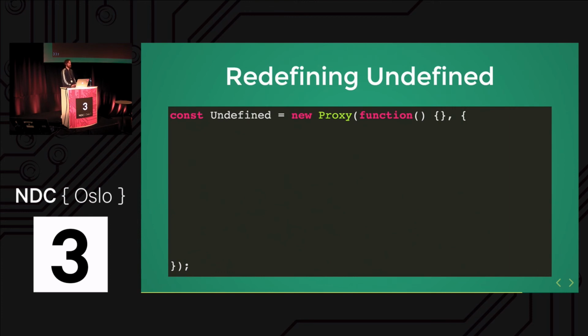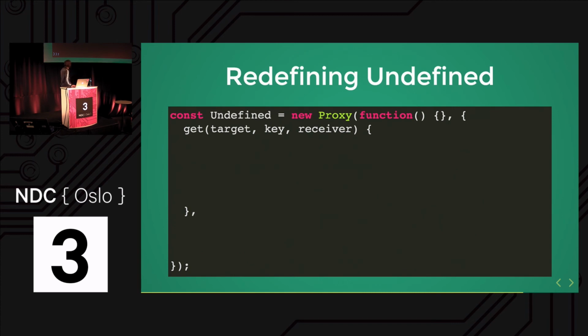We'll make ourselves a new undefined here. We'll say that undefined is a proxy of just an empty function. And the nice thing about functions is that functions have properties, so they kind of look like objects.